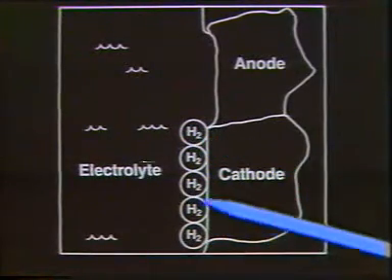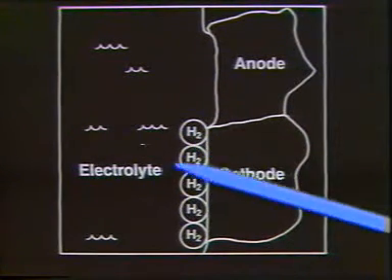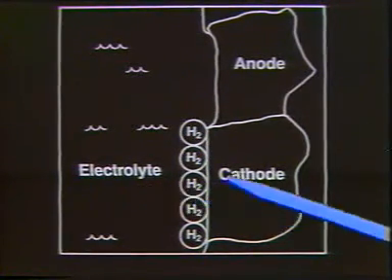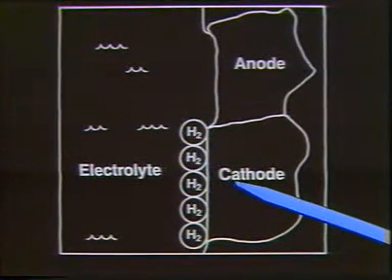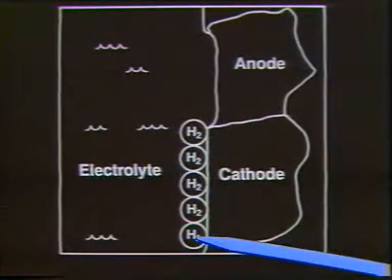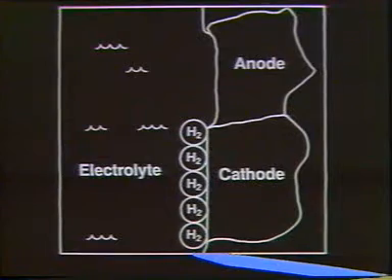And those hydrogen bubbles on the surface are like a plating on the surface, and no longer can the hydrogen ions that are in the solution get to the electrons that are being gathered in the cathode, and so the process will stop. So we have passivated or built a passive film on the material with the hydrogen.